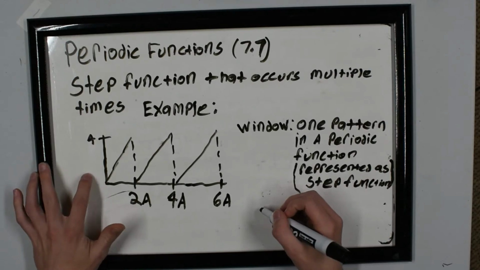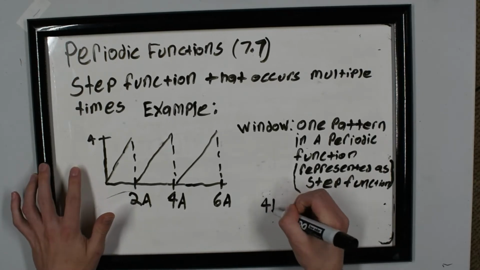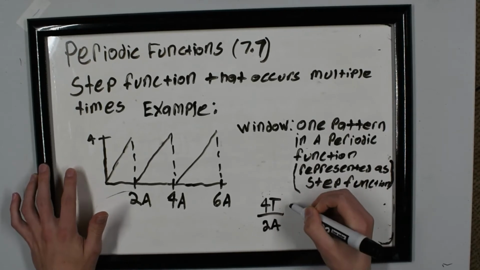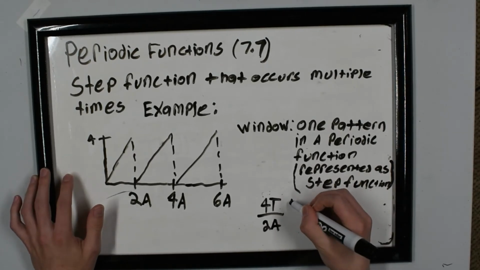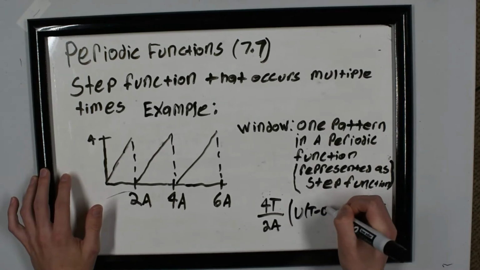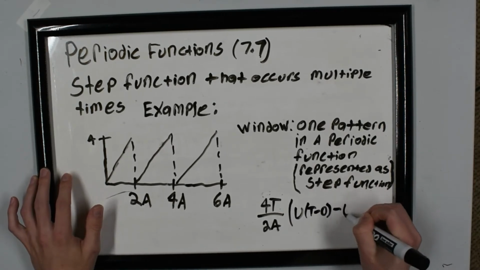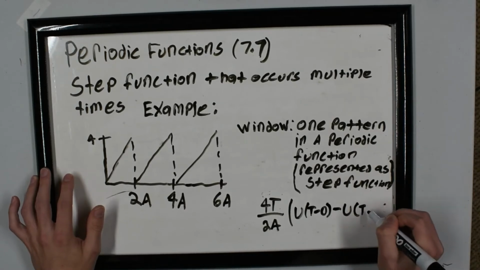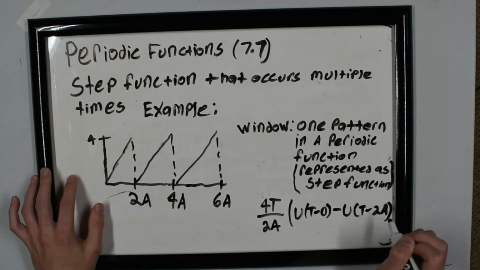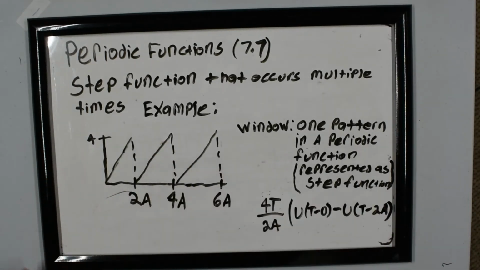So we have this rise is 4t over 2a distributed to u(t - 0) minus u(t - 2a). And that's how we'd represent that one window.